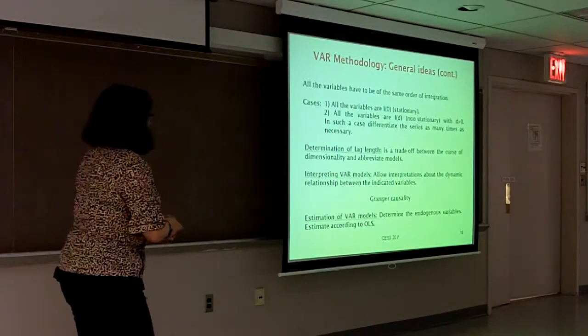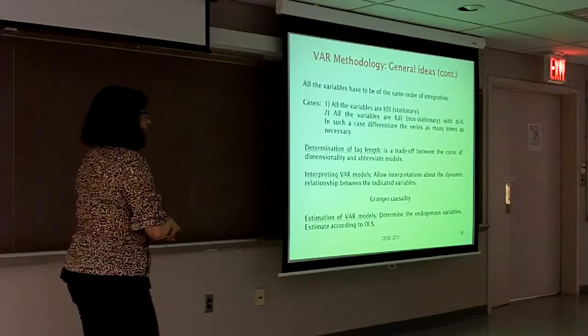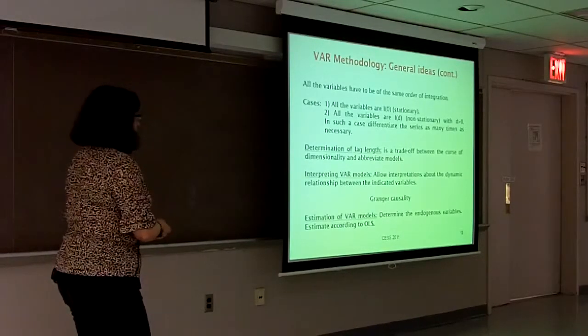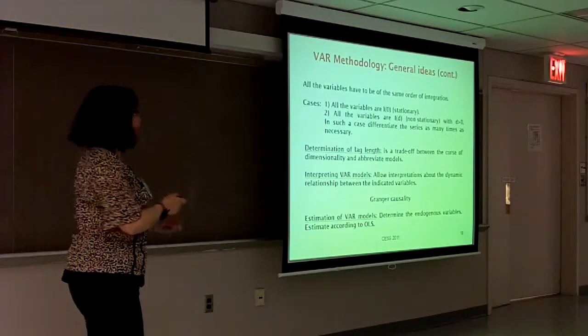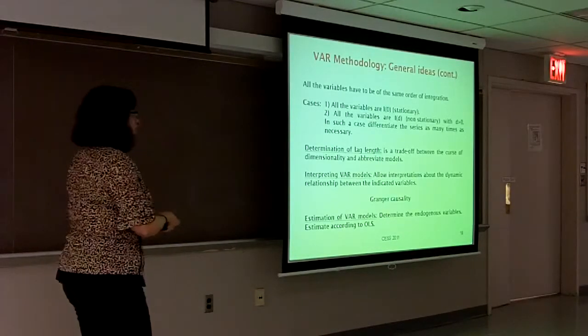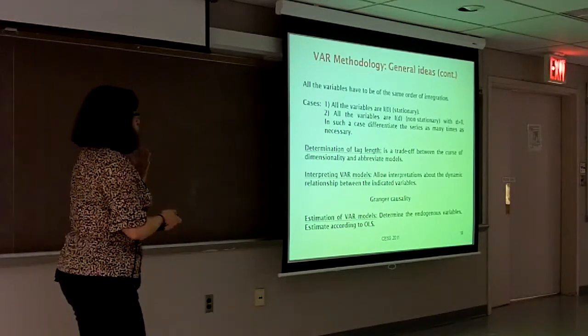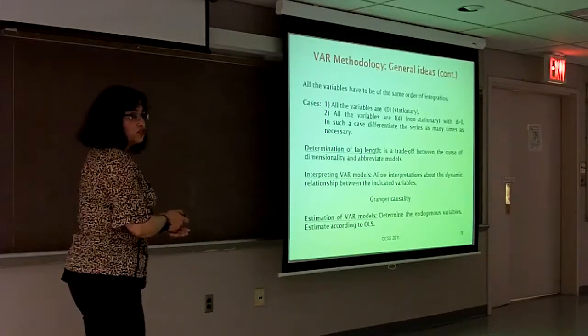So another important thing here is the determination of the length, the P. It's a trade-off between the curse of dimensionality and an aggregate model. There's not a recipe to find the correct number of periods that you are going back in time, but if you put small numbers, probably you are losing information, so that's a bad point.